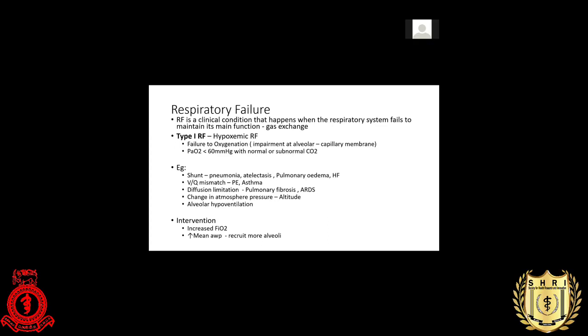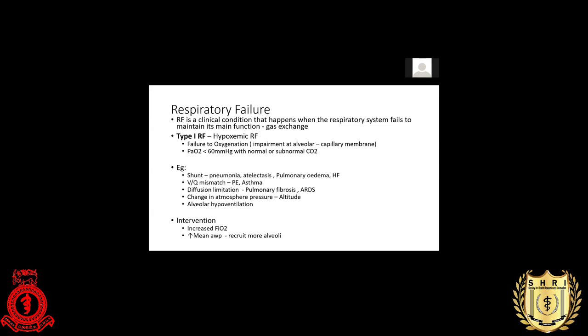These are some examples of type 1 respiratory failure, which can occur in pneumonia and atelectasis due to shunting effect, and also can be seen in pulmonary fibrosis due to diffusion limitation and alveolar hyperventilation.